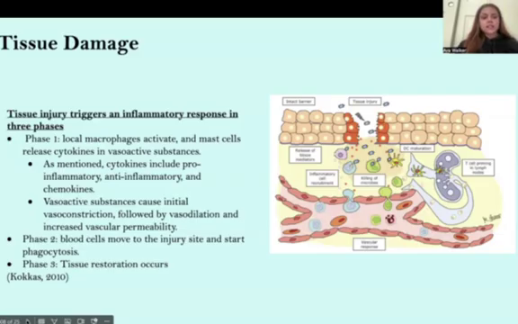Vasoactive substances cause initial vasoconstriction, followed by vasodilation and increased vascular permeability. In phase two, blood cells move to the injury site and start phagocytosis. In phase three, tissue restoration occurs.